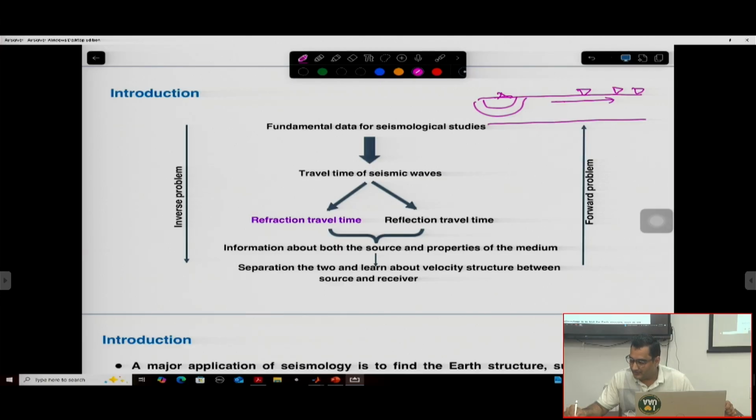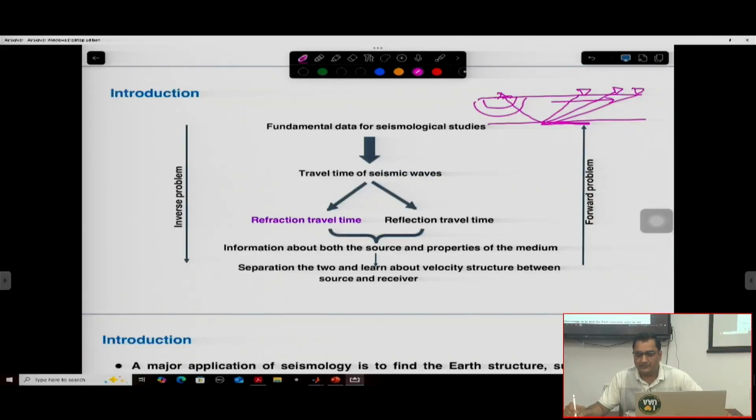When it hits the interface, some of the energy will travel as a reflection to the receivers like this, and some of the energy may basically refract into the second medium. And if it is critically refracted, then it may also travel along the interface of both of the layers, right? That we call a head wave. Okay, so in terms of the head wave, we are using the refraction data.